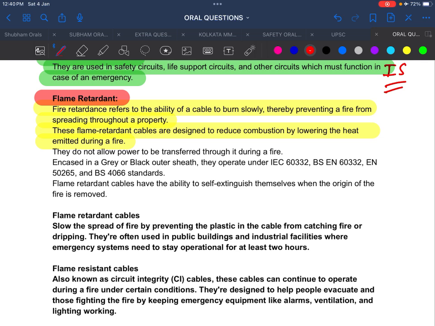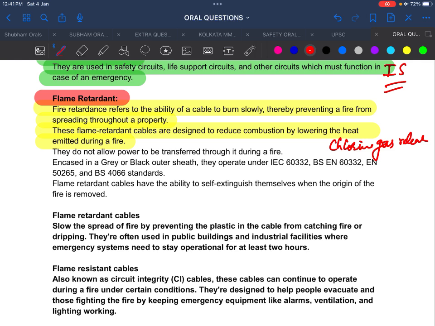When this flame retardant cable catches fire, at that time chlorine gas is released, okay, chlorine gas is released which surrounds the cable, and it will not allow oxygen to enter further inside the cable. So this way it can reduce the combustion and reduce the fire, and the self extinguishing property is there. It can extinguish the fire.